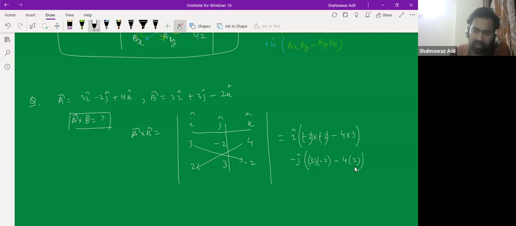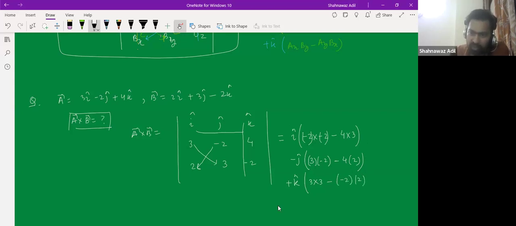Right? Yes, sir. And then I have plus K hat. I ignore the K row and column, and these are the things remaining: 3 into 3 minus of minus 2 into 2.